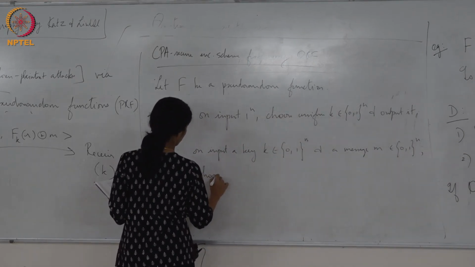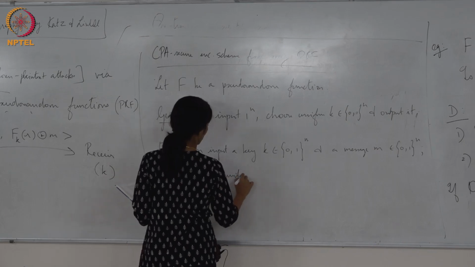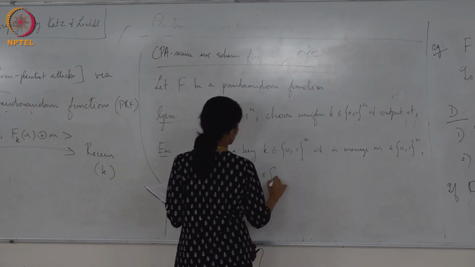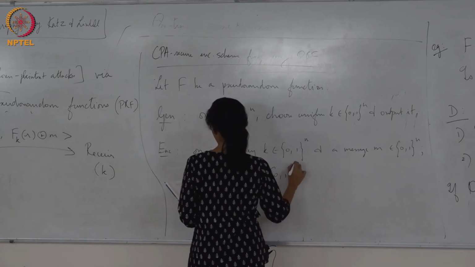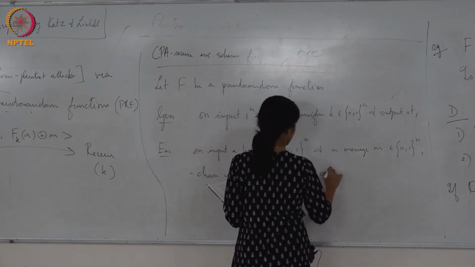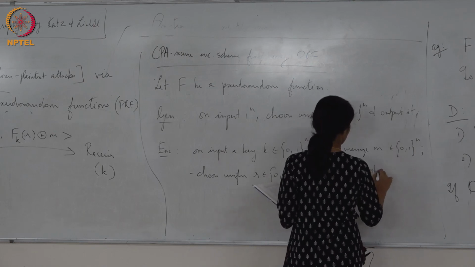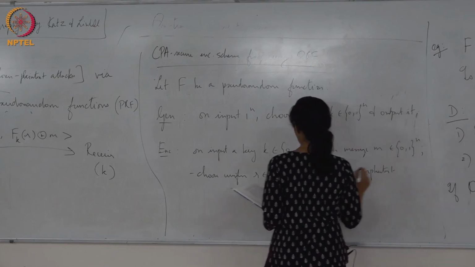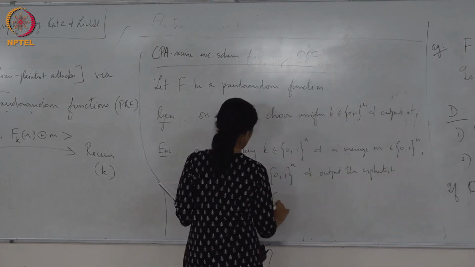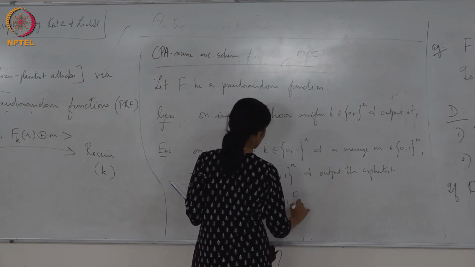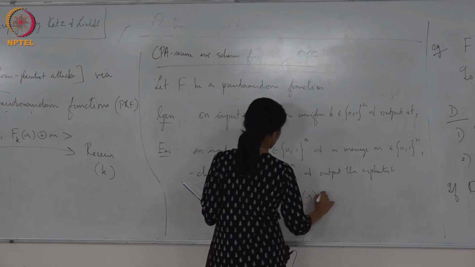Choose uniform R that's n bits long and output the ciphertext C as R comma Fk of R XOR M.